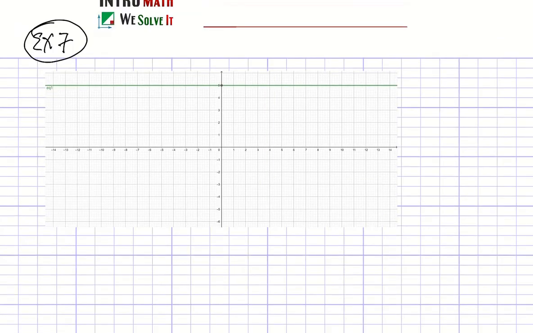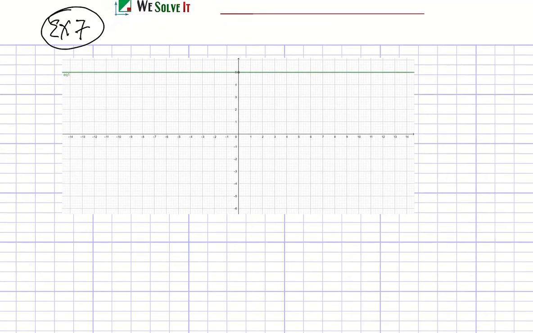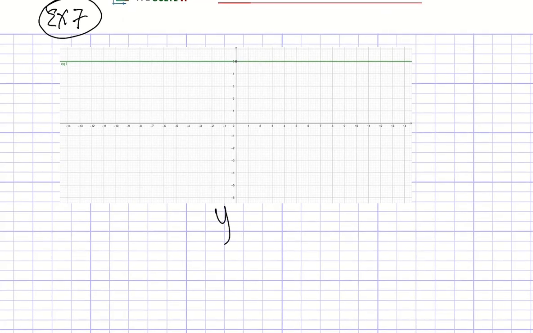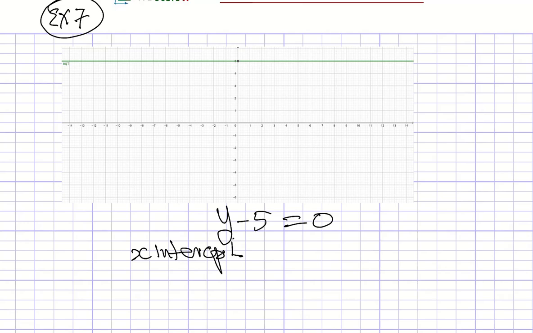See, this one is a horizontal line. I chose that carefully. The equation that represents that is y minus 5 equals 0, right? Now, to look for the x-intercept like we normally do, you set y equal to 0 and solve for x.